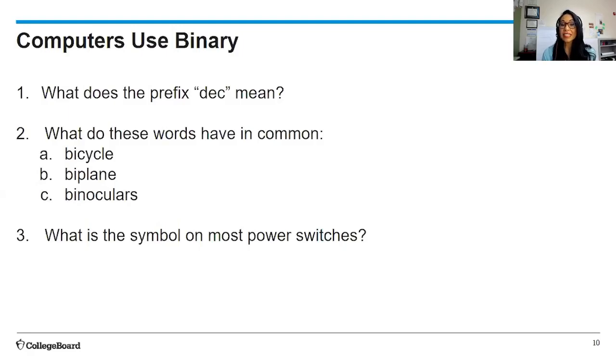So the prefix DEC means 10, like a decade is 10 years. Those three words have in common the prefix bi, right? So bicycle, biplane, binoculars, they all mean two. Bi means two. So let's pause right there and put a couple things together.